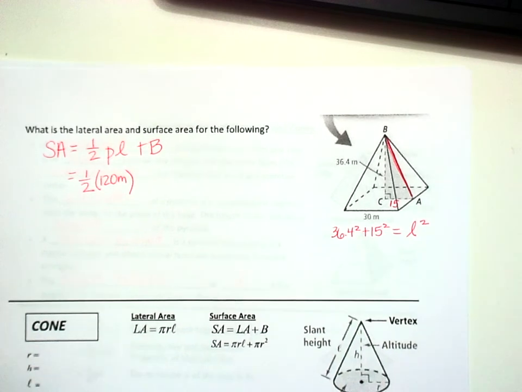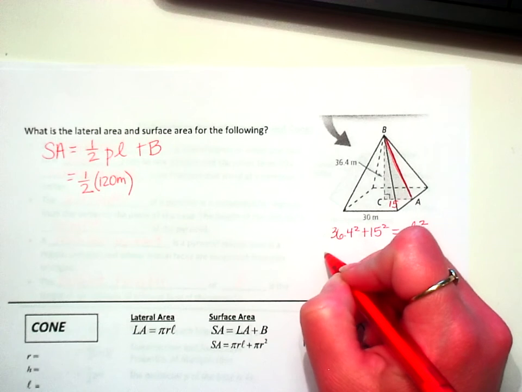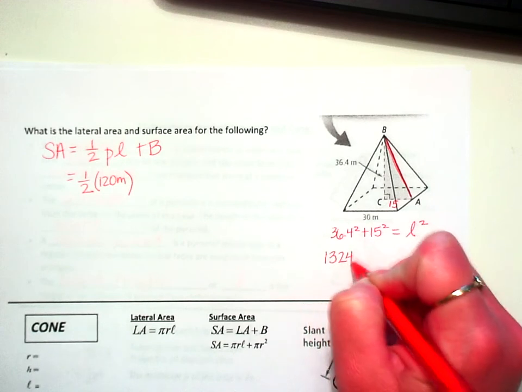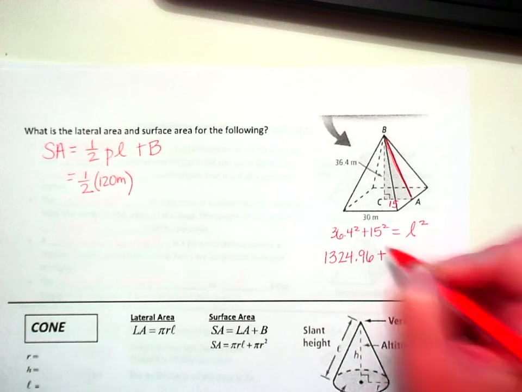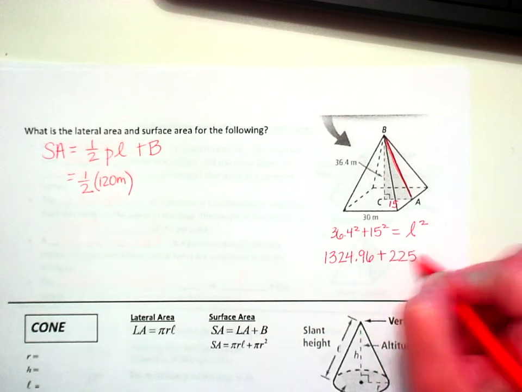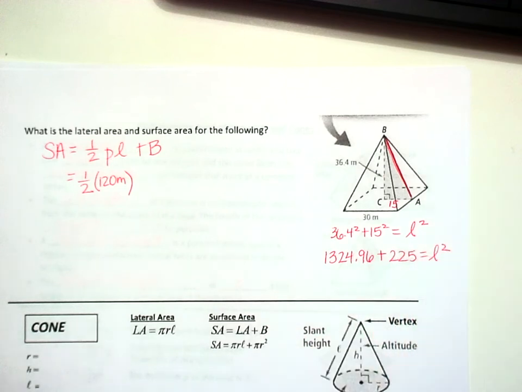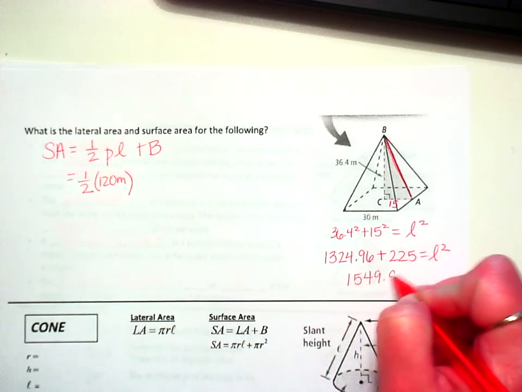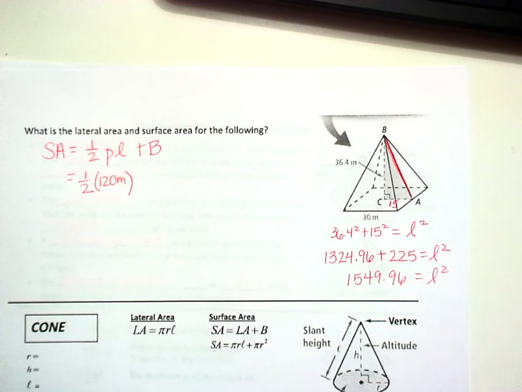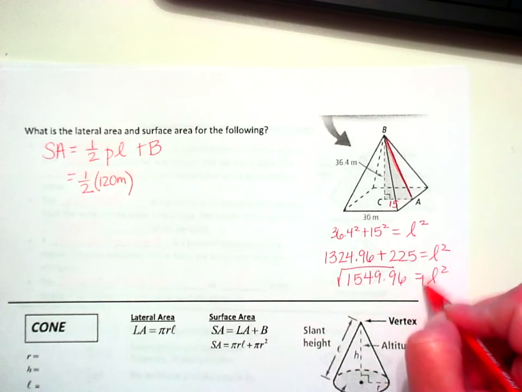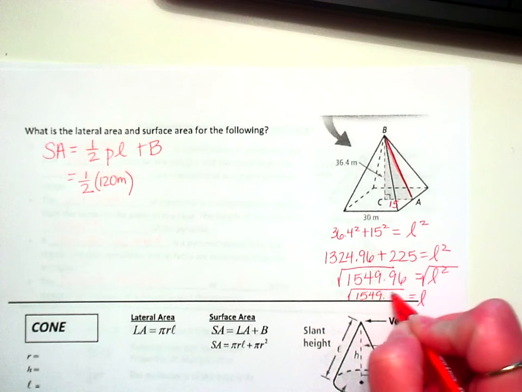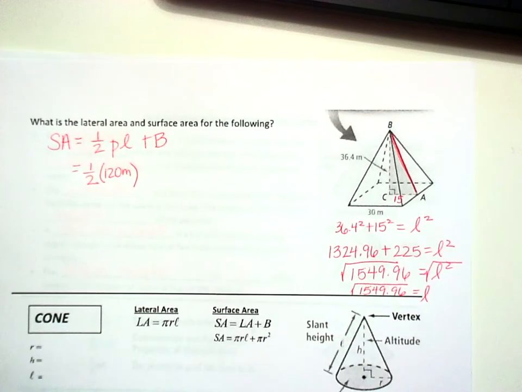Okay, so 36.4 squared is, okay, and then 15 squared is 225, and then I'm going to add those together, and I get 1,549.96 is equal to L squared, and if I take the square root of both sides, I see that L is the square root of 1549.96.